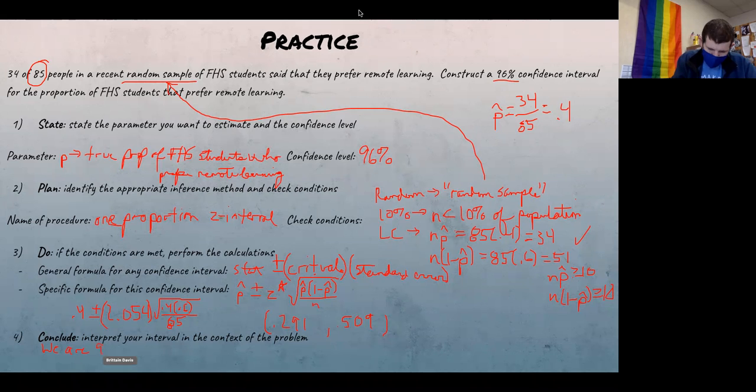We are 96% confident that the interval from 0.291 to 0.509 captures the true proportion of FHS students who prefer remote learning.